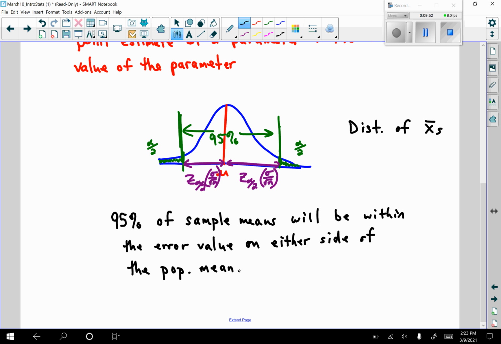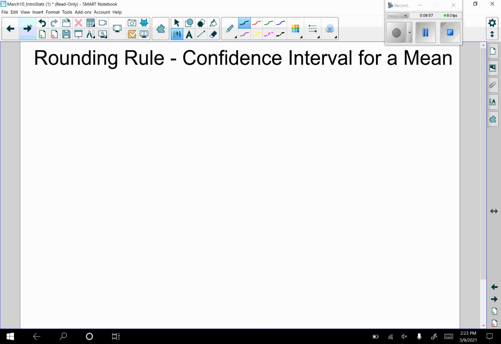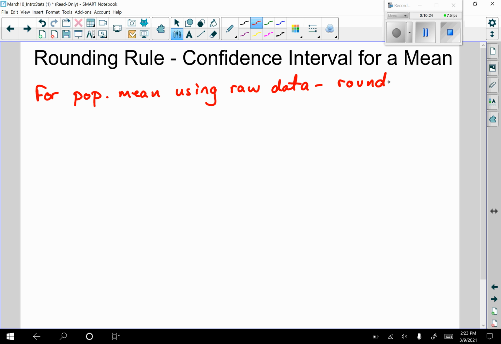All right, let's take a look at the rounding rule for the confidence interval for a mean. For the population mean, where we're given raw data, just like all the other rounding rules, we round to one more decimal place than the raw data.